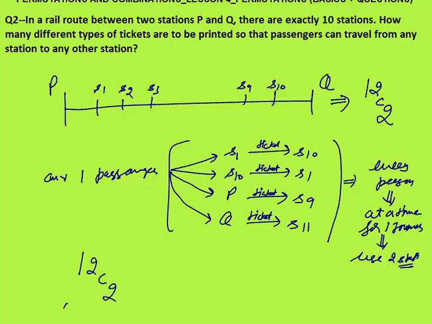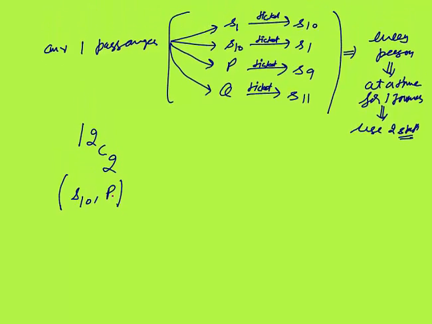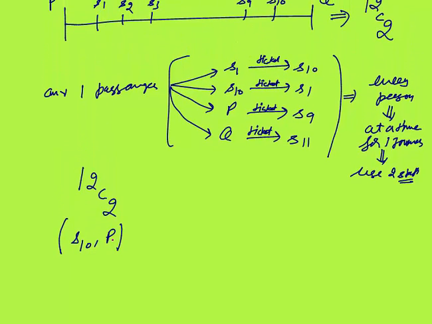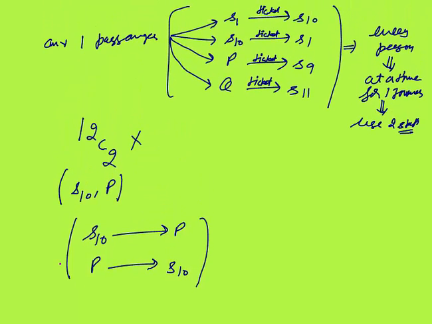Let's say one of the selections is station number 10 and P. Now, how many tickets do we need to print? That was the question. In one of the possible selections, that is S10 and P, the person may require a ticket from S10 to P, or a ticket from P to S10. So for every possible selection of 2 stations, 2 tickets need to be printed.